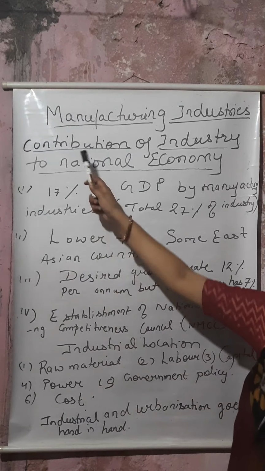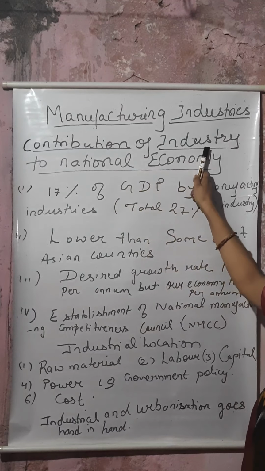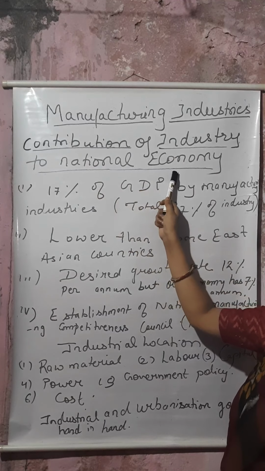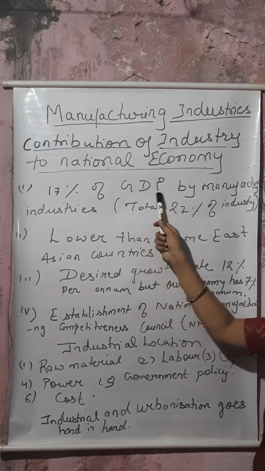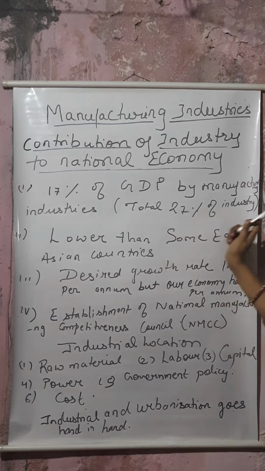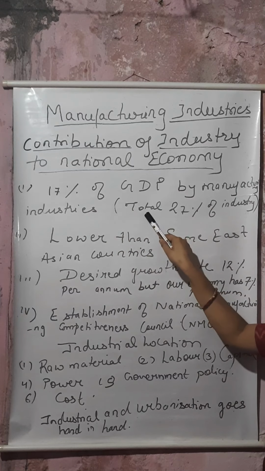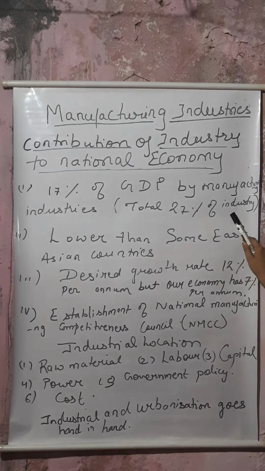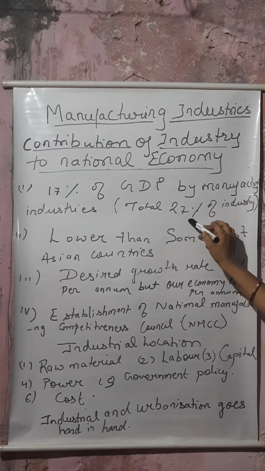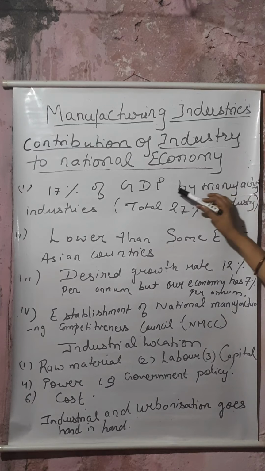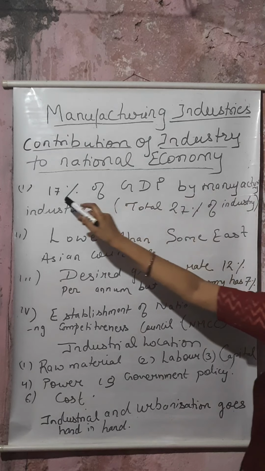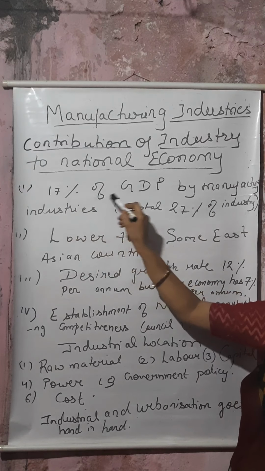Here we will see the contribution of industry to the national economy. The first point is 17% of GDP by manufacturing industries, and in total industry gives 27%. It means total 27% of GDP is given by industry, but the manufacturing sector contributes 17% of GDP.